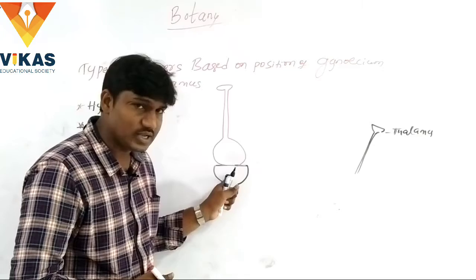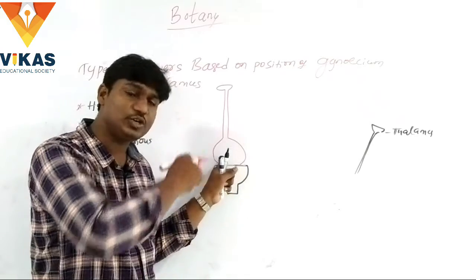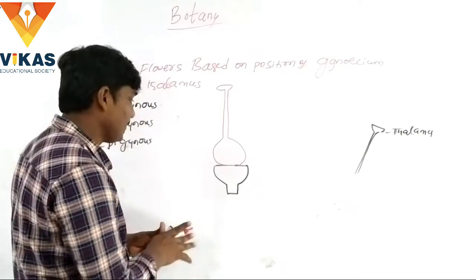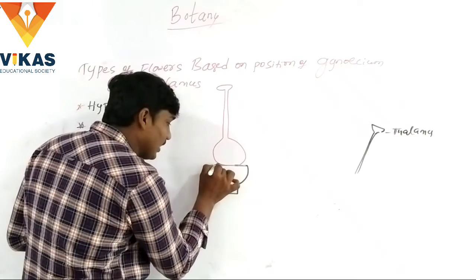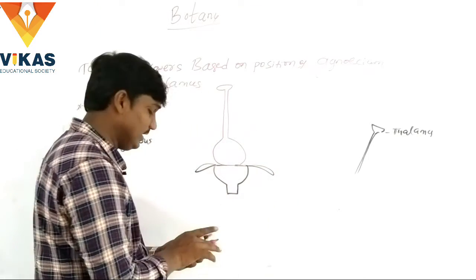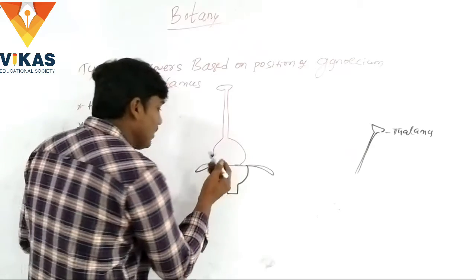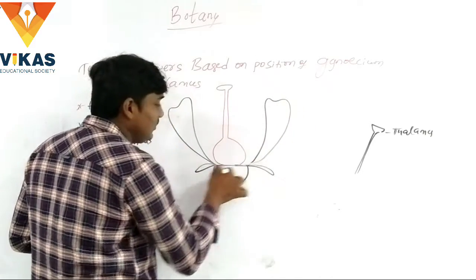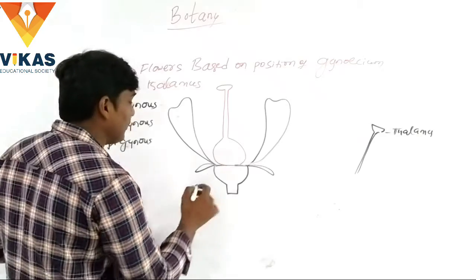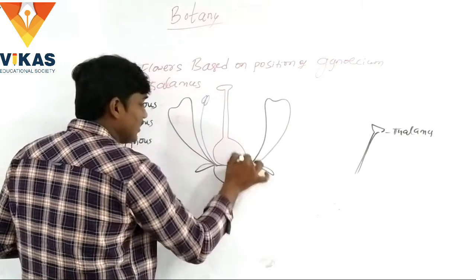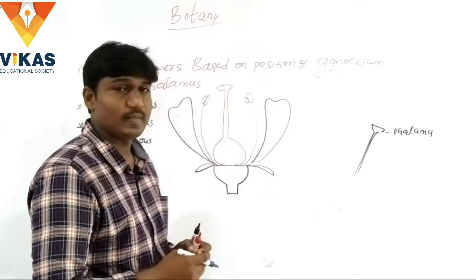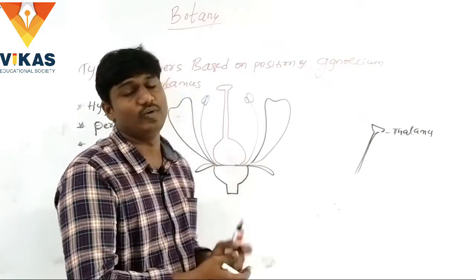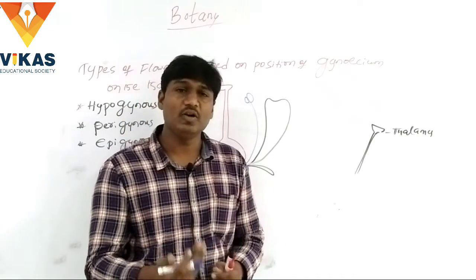So this is the thalamus, and the ovary is seated on it in the highest position, whereas other parts of the flower like the calyx and corolla, and the androecium or anthers, arise from below the ovary, below the gynoecium.